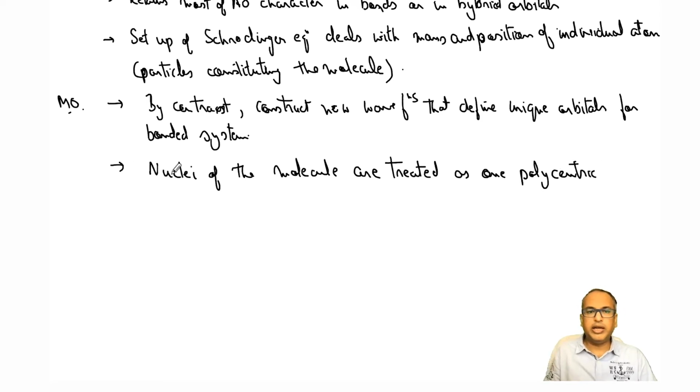So all the nuclei taken together are treated as one polycentric nucleus. Let's say I have CH4, with a nucleus here, here, here, here, and here.